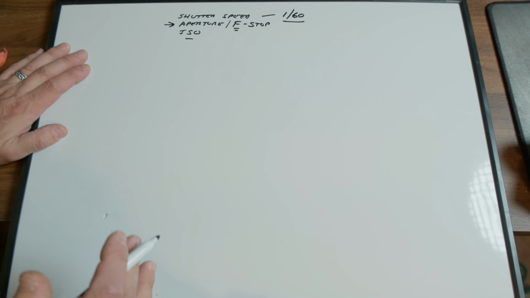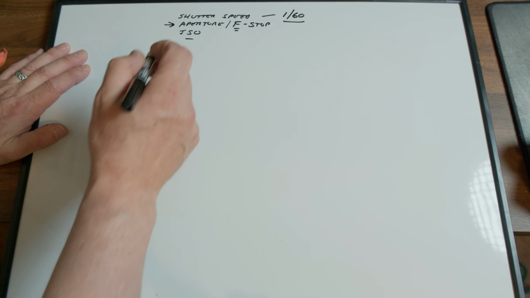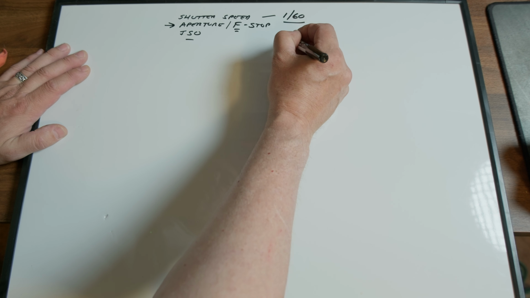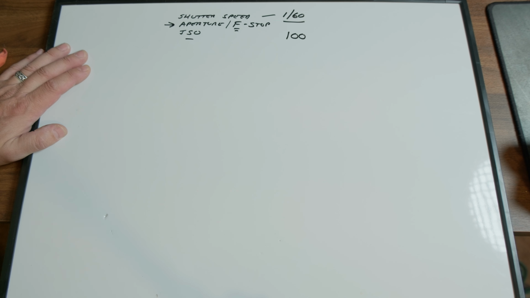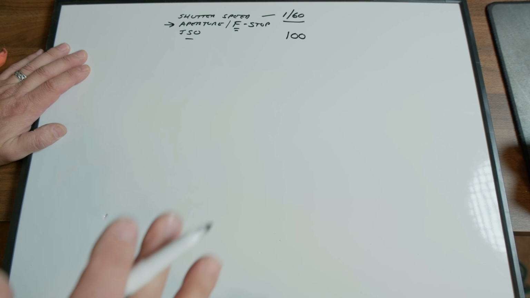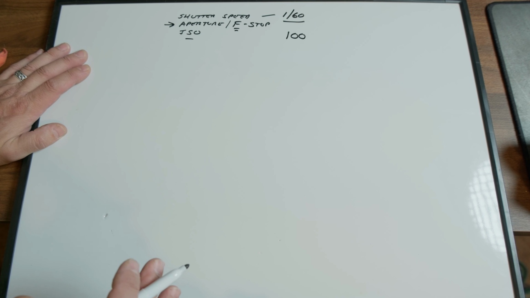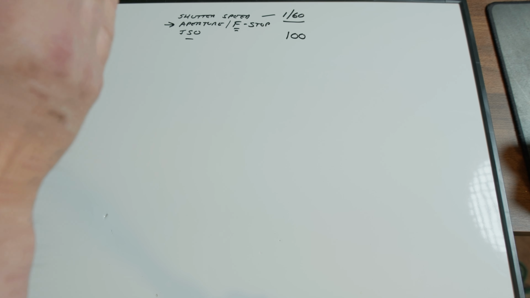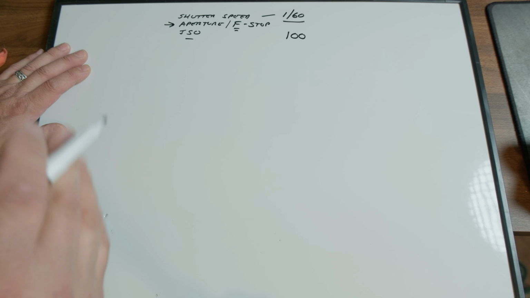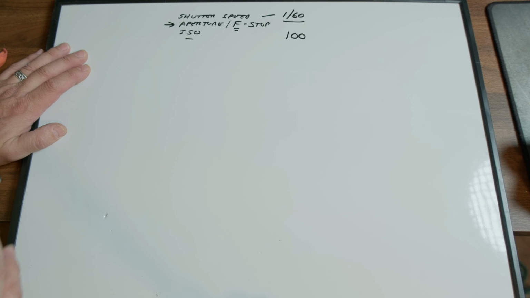So for all of this discussion, our shutter speed is going to be 1/60th of a second, and our ISO is going to be 100. And that eliminates two of the three variables. Now we can discuss aperture, f-stops, and understand how they work and what they do.